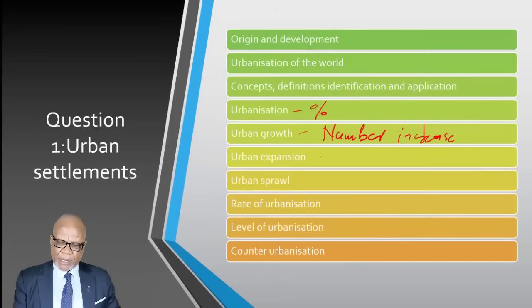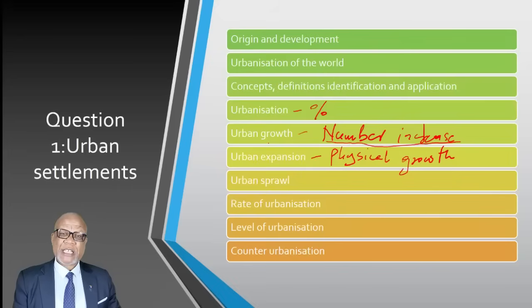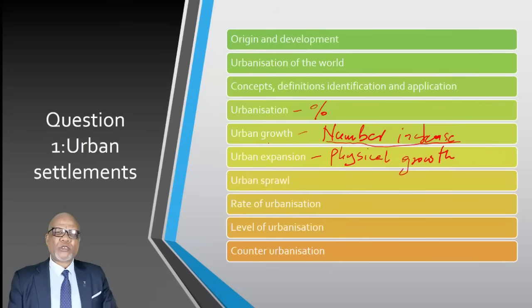And then we have urban expansion. What is expansion? This one refers to physical growth. Now we have many people coming in. When many people come in, we are going to have what we call urban growth. It's an increase in number. So when the number of people increases, their needs are going to increase as well.